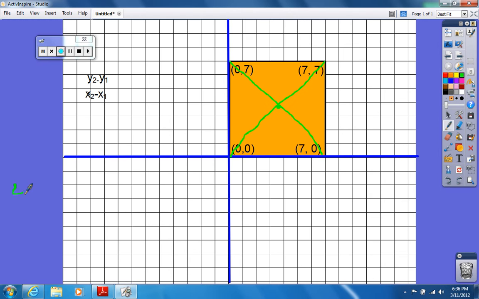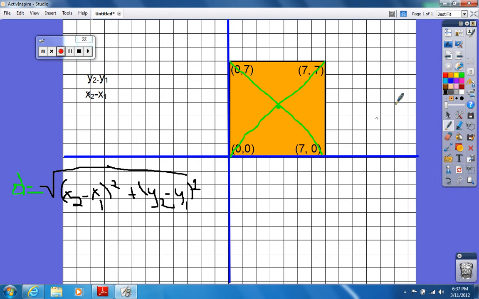The distance formula is equal to the square root of x2 minus x1 squared plus y2 minus y1 squared. And sorry about the handwriting. I'm writing with the mouse.